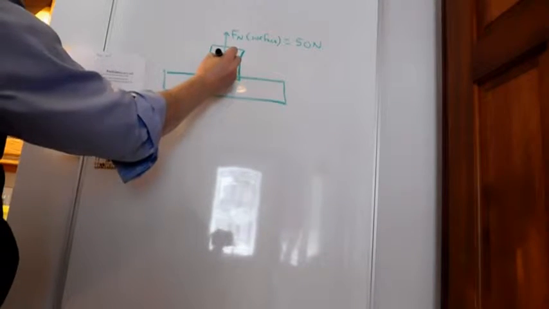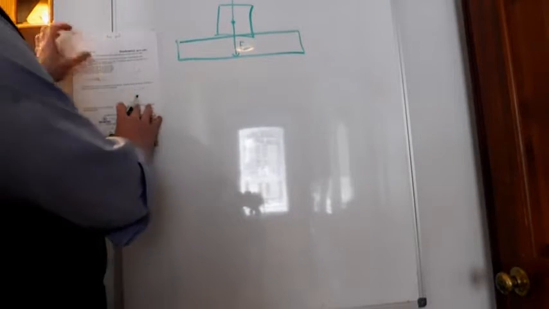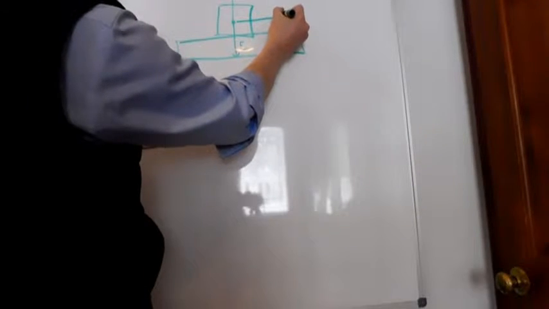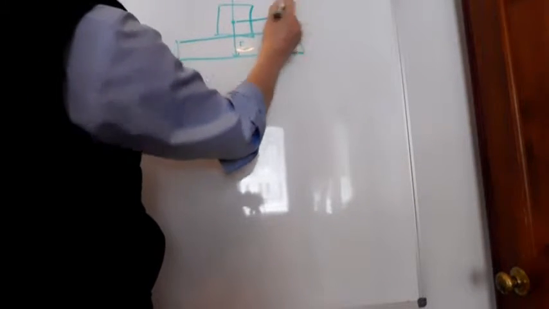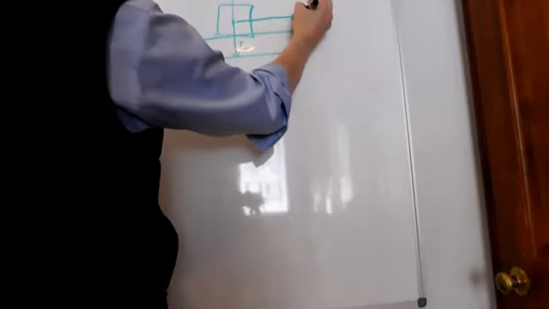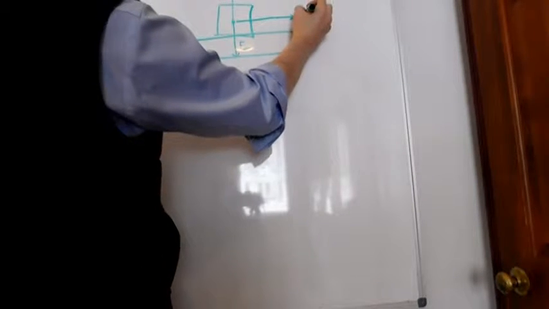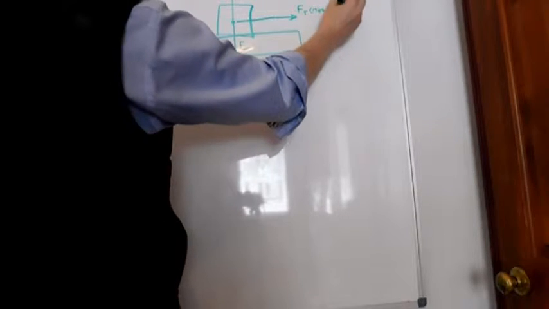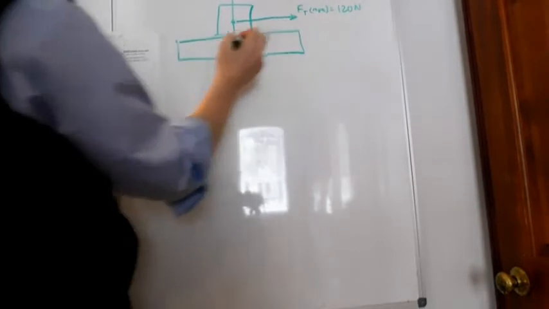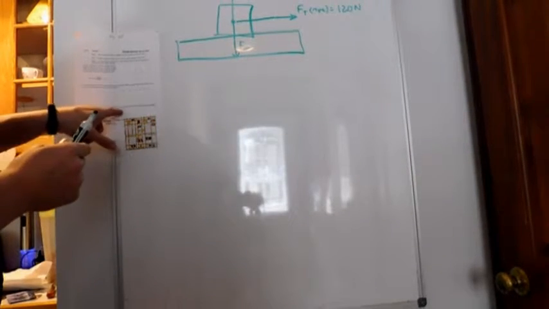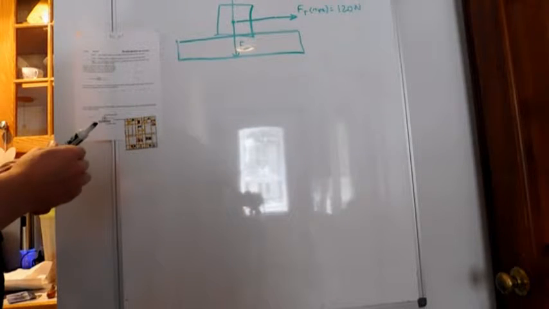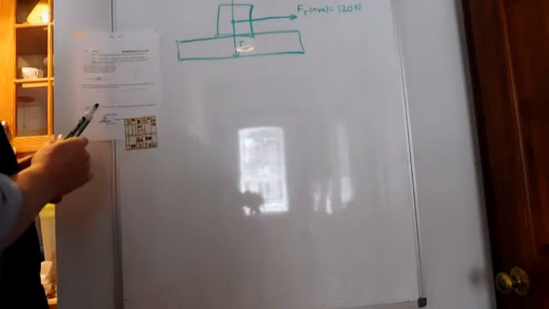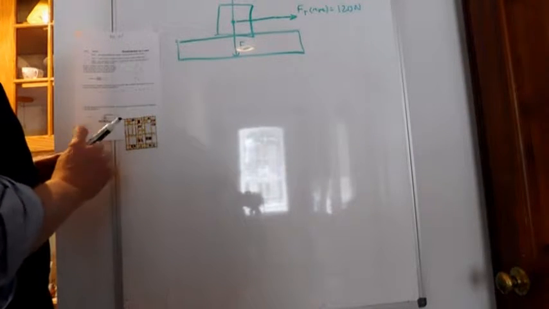So now we've got the force of a rope, force of tension, pulling this way, 120 newtons. So Ft from the rope equals 120 newtons. And what it says is that we're supposed to add any necessary forces with direction and magnitude, so which direction and how many newtons, to the drawing below.